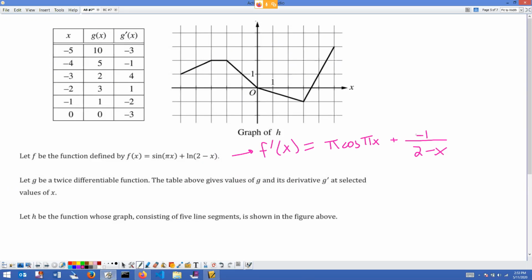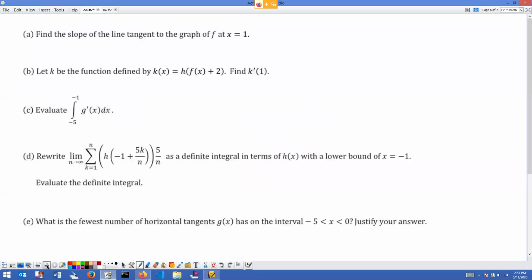So we'll throw in a negative 1 there. And it asks us to evaluate that at 1, I believe. So that will be pi times the cosine of pi minus 1 over 2 minus 1, which comes out to be, the cosine of pi is negative 1, negative pi minus 1.